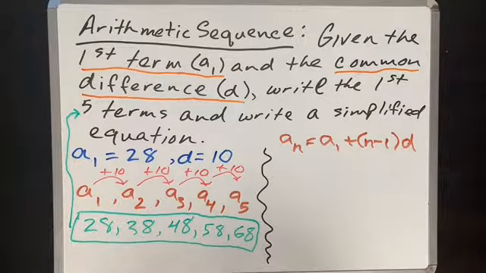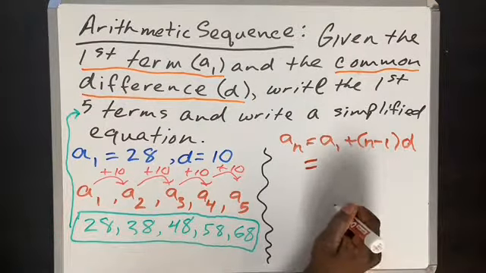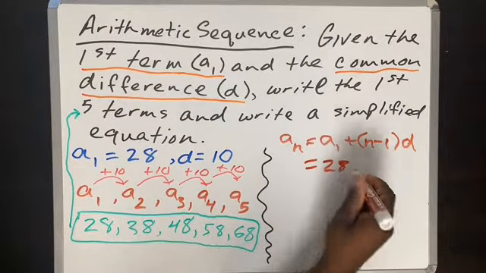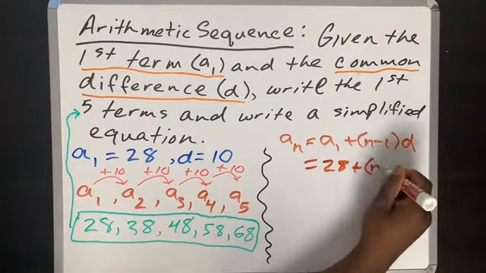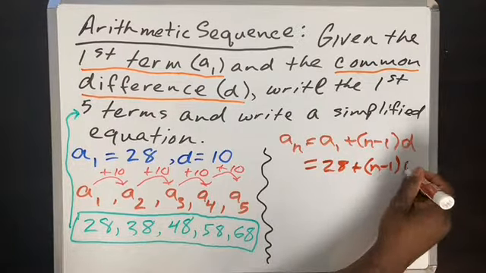So, we know that a sub 1 is equal to what? 28. So we substitute 28 plus quantity of n minus 1 times the common difference, which is 10.